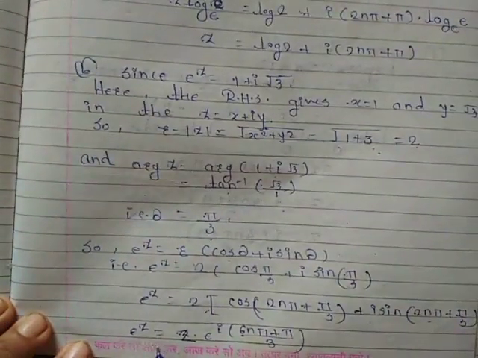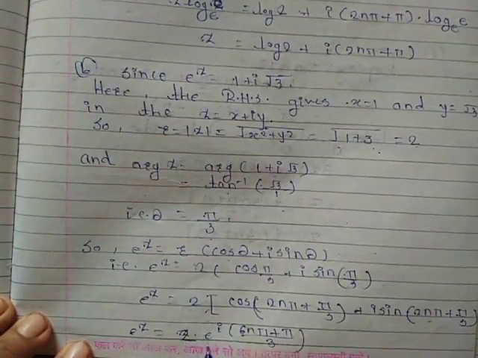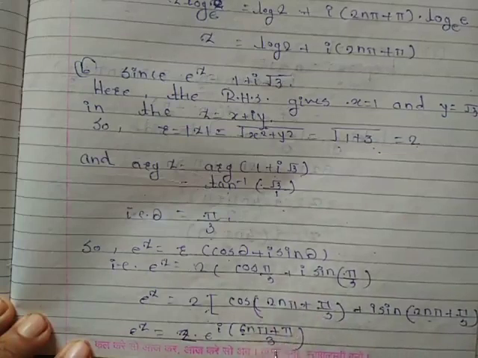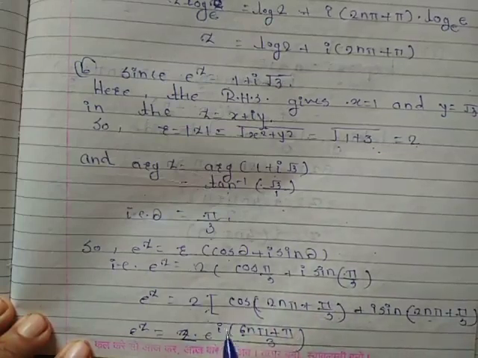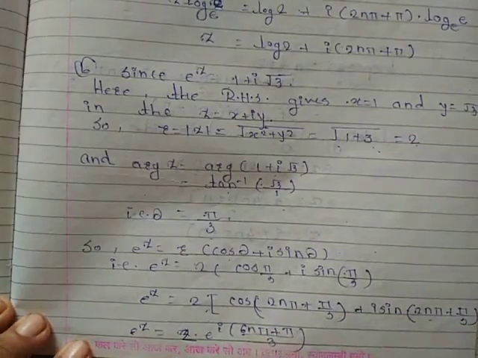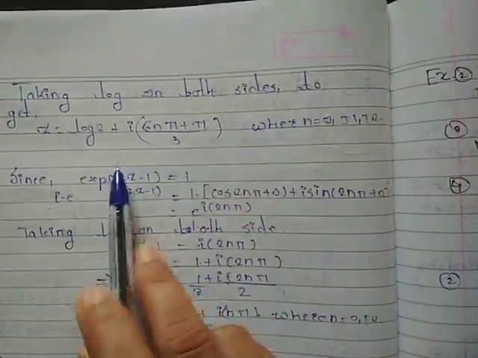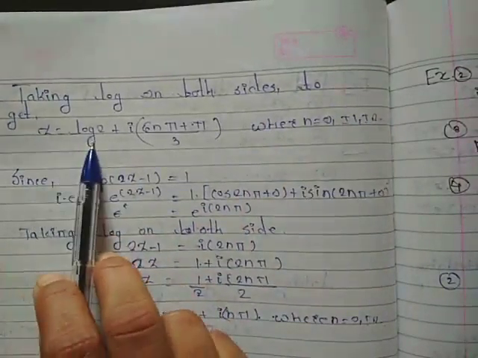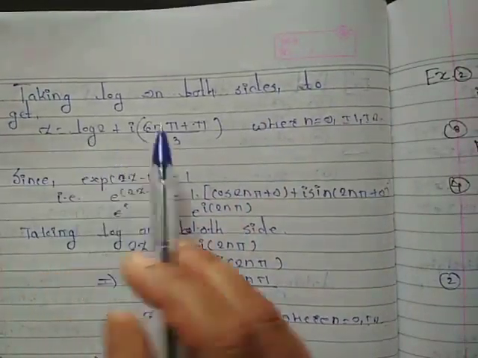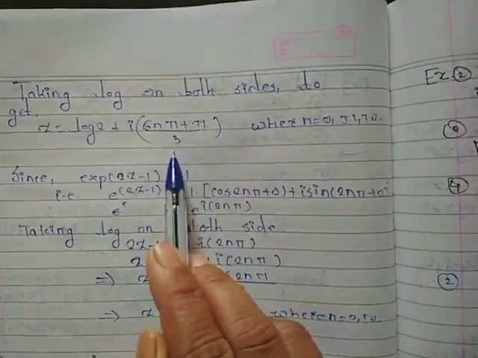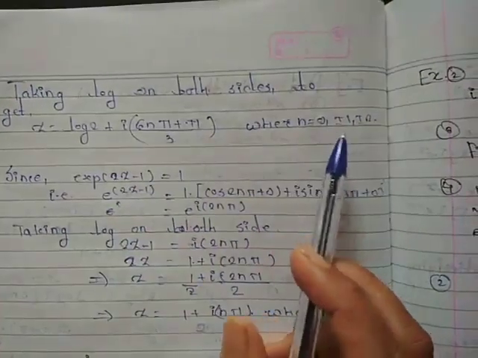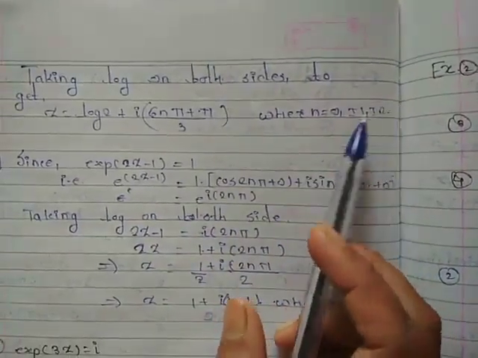So e raised to z is equal to 2 into e raised to i(6nπ + π)/3. Taking log on both sides, we get z is equal to log 2 plus i(6nπ + π)/3, where n runs over 0, plus or minus 1, plus or minus 2.